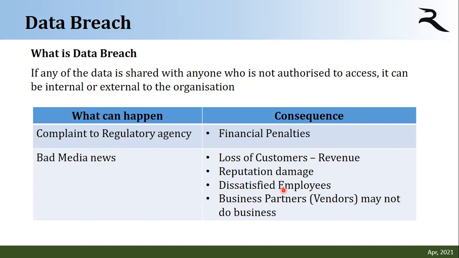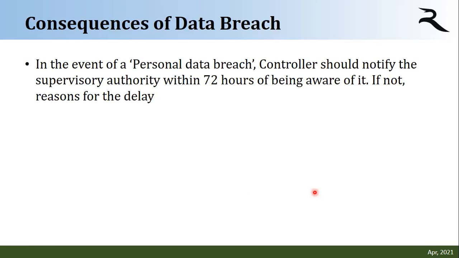Employees could be dissatisfied if it pertains to employee data, or even if it's customer data. They'll think, okay, what kind of organization and systems do we have? And lastly, in some cases, even vendors may not feel comfortable doing business. So I'm not saying all of this will happen, but some or most of it could happen depending on the type of data breach.